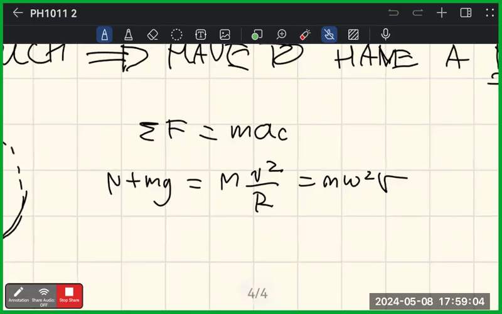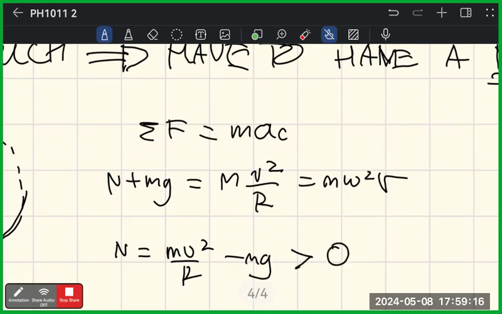Thus N is mv squared over r minus mg, sorry. And it has to be non-zero, and it cannot be negative.